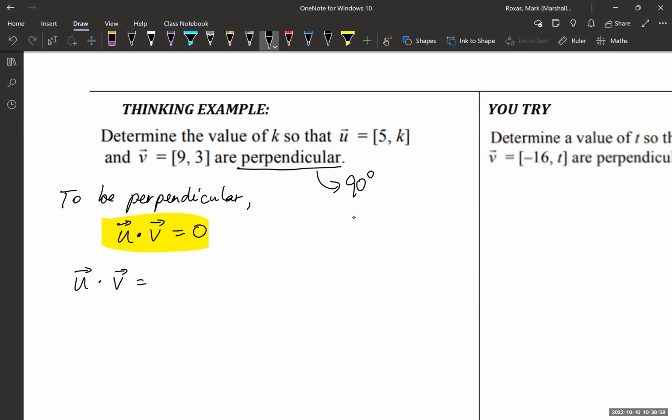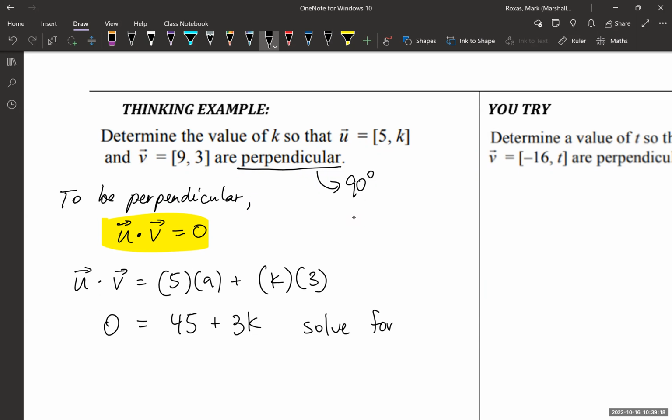using the algebraic formula, says multiply the x components, 5 times 9, add it to the product of the y components, k times 3, and we know that dot product is 0, right? So 0 is on the left side. On the right side, I have 9 times 5, which is 45, plus 3k. This is an equation where you solve for k.